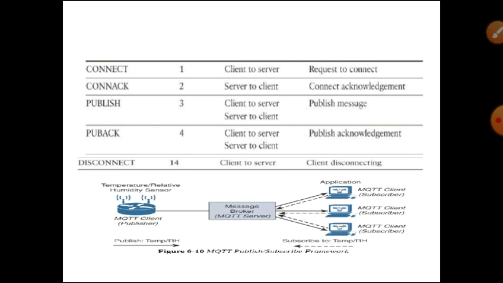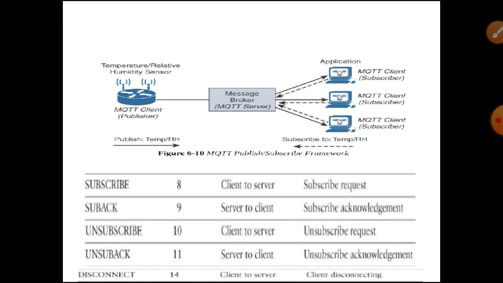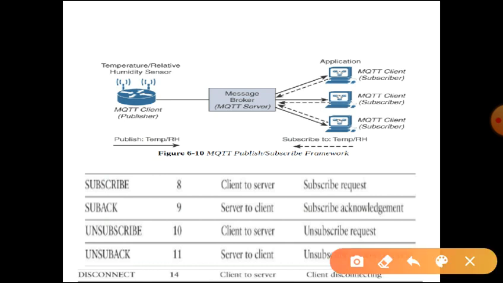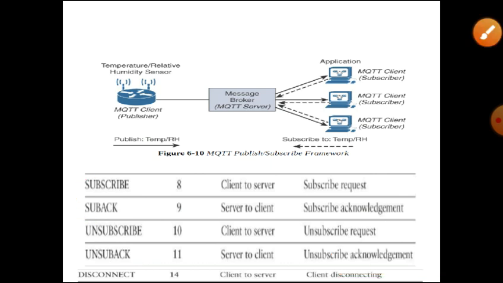Once it is connected, the subscriber can subscribe using this message, subscribe, and it can be acknowledged. If it doesn't want to subscribe, it can unsubscribe using unsubscribe and acknowledge. Then it can get disconnected by using the disconnect message.